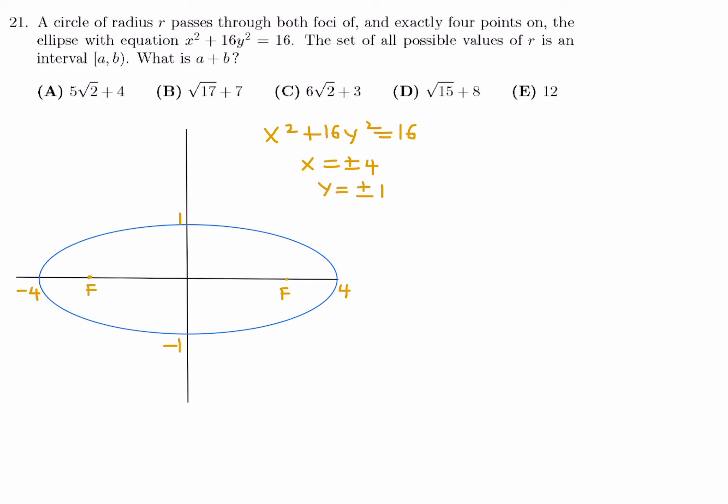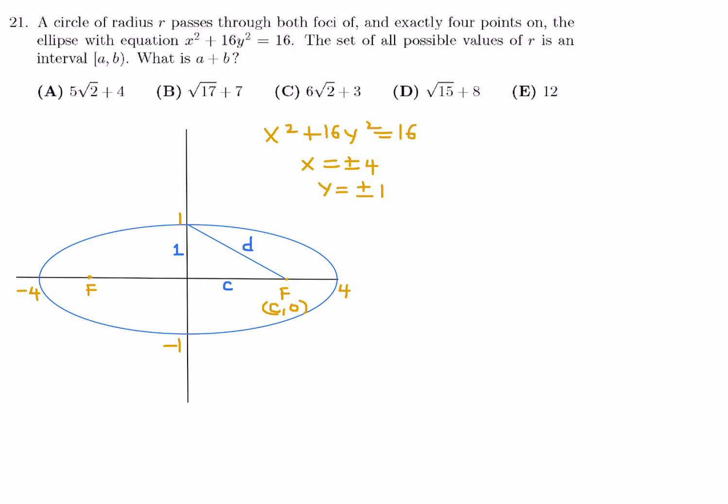I'll label it first. Let's say it has the coordinates C, 0. You use Pythagoras: draw a line from the point where it touches the y-axis to the foci. And this, of course, is 1 in terms of length. This is C, and I'll call this D.